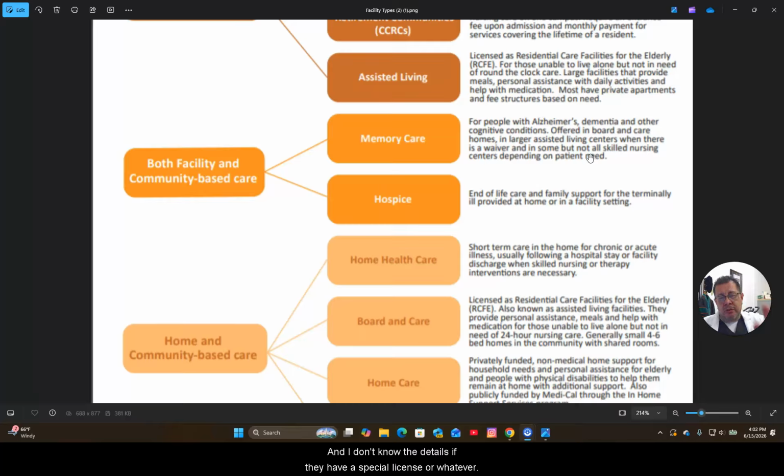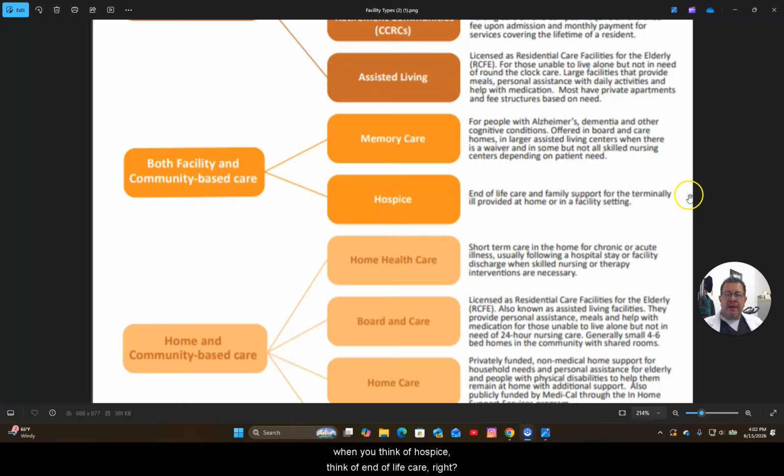I don't know the details if they have a special license or whatever. I'm assuming they do. But if, let's say, a skilled nursing facility or a boarding care wants to have a memory wing, they have to have certain licenses and so on. So it's very, very important with memory care. And so those are facilities and patients that we are able to see. We're able to see all of these, by the way. So that's why I'm going over them.